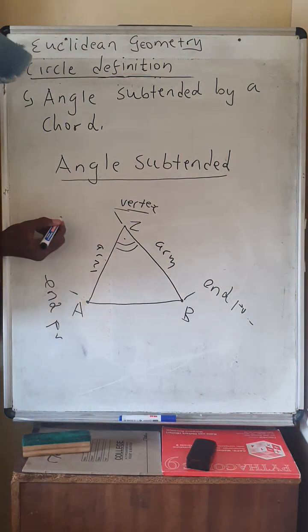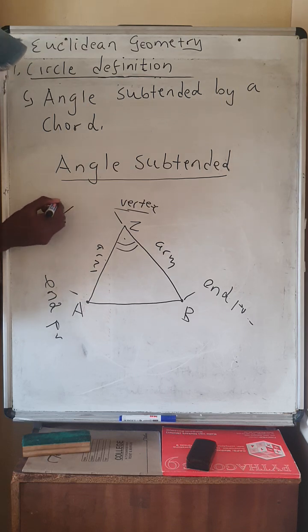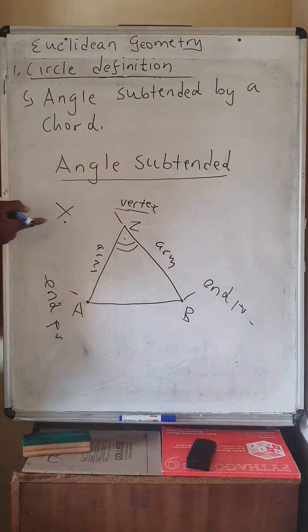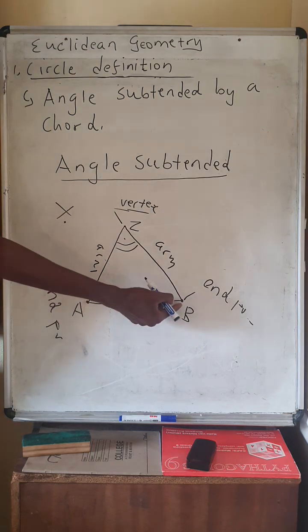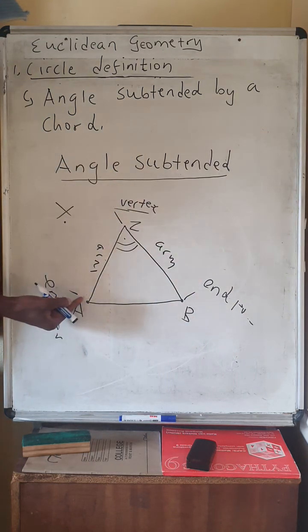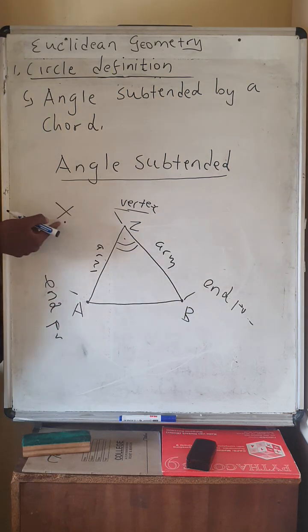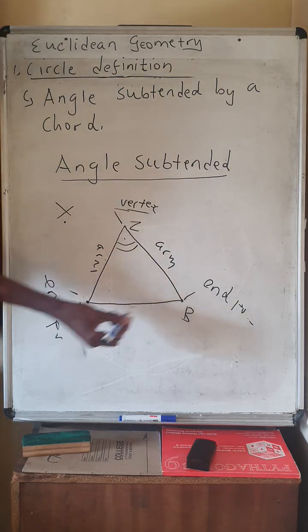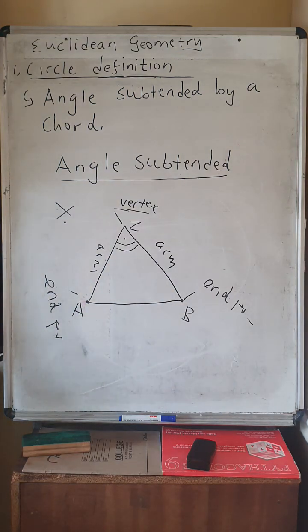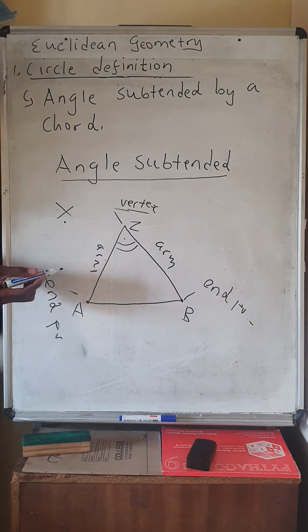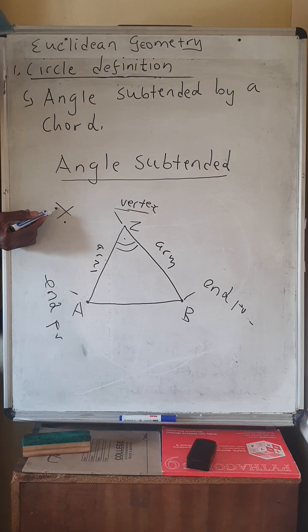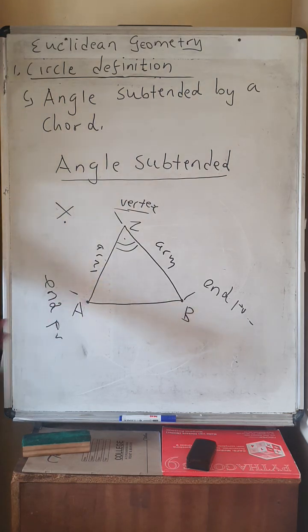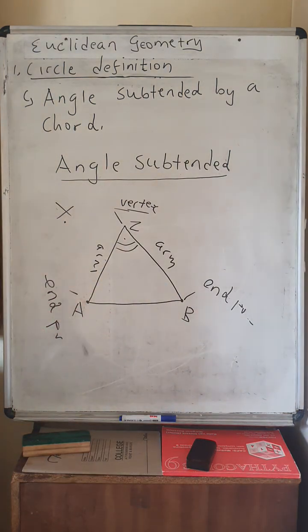Similarly, I can have an angle here. Let me call this the vertex X, angle X. If I want angle X to be subtended by AB, the arms of angle X must touch A and B. I don't know if I'm making any sense. The arms of this angle must touch A and B. They must touch the end points of that particular line segment.